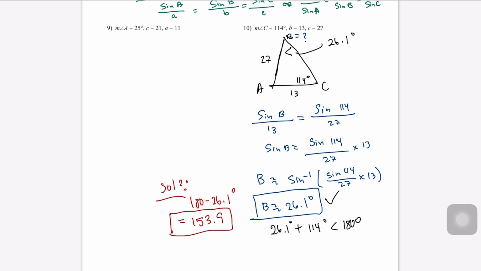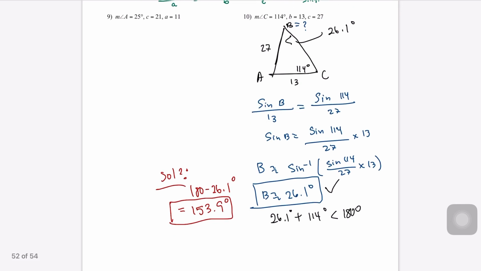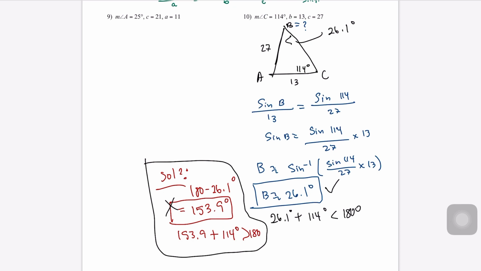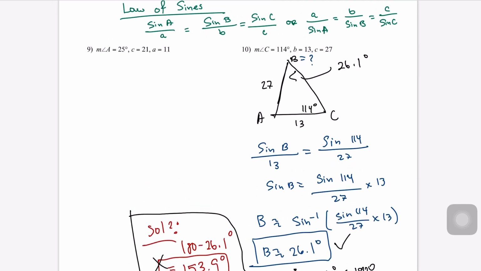Now, in order to see if this is going to work or not, we're going to have to add this 153.9 to what's already there, which is 114. And just by looking at that, that is way bigger than 180. So this, luckily for us, fails. So there is no second triangle. We just simply finished the one that we just started.